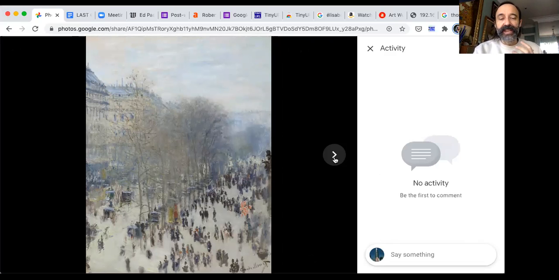They were the ultimate streetscape artists. They painted Paris many times, and all of them. And this is a Monet, the Boulevard des Capucines. I believe he did a few versions.